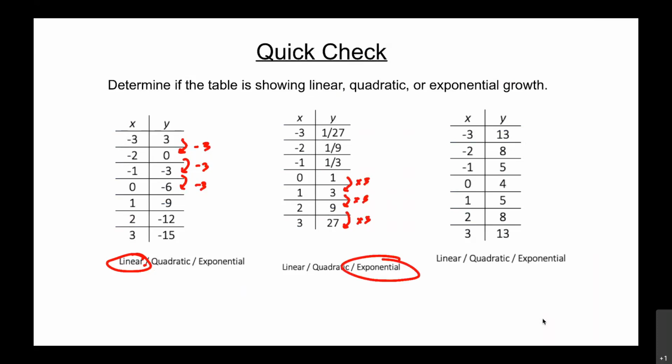That's your multiplier. And therefore, by default, the last one has to be the quadratic one. If we look at the pattern, from 13 to 8, we're subtracting 5. Then we're subtracting 3. Then we're subtracting 1. There's those odd numbers I was talking about. We're not adding or subtracting the same thing, so it's not linear.